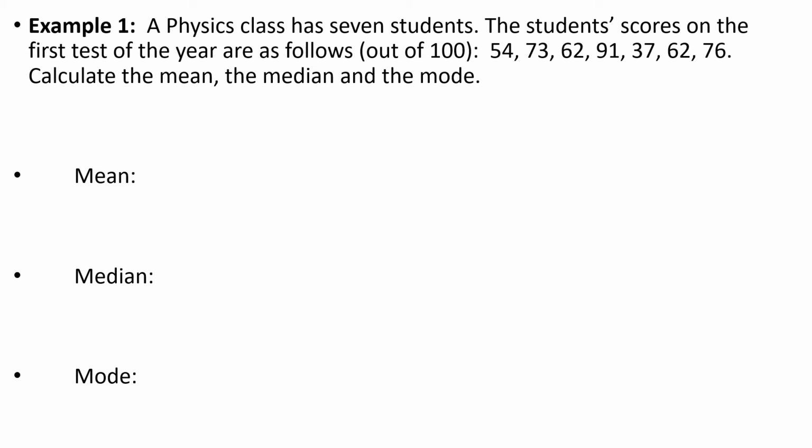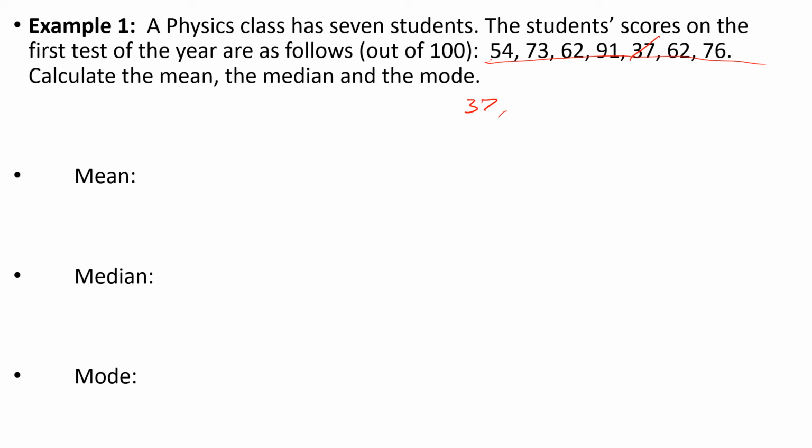Now, the first thing that we should be seeing is that these numbers are just written in random order, okay? What I like to do with data is put it in order from smallest to greatest. So first off, the smallest number, 37.